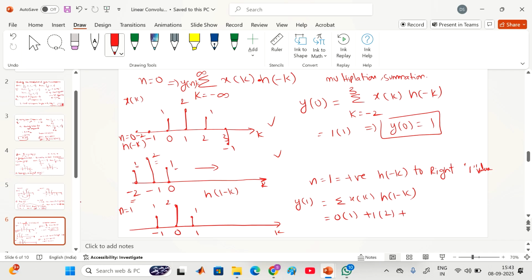At k equal to 1, I have 2 into 1, that is 2. So 0 into 1, 1 into 2 and 2 into 1; the remaining values are zeros. If I multiply the common values and sum them, I have 2 plus 2, that is 4. So y of 1 is equal to 4. This is the second output value.